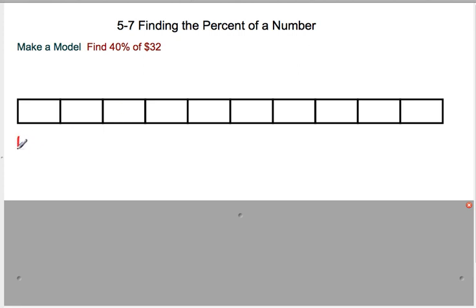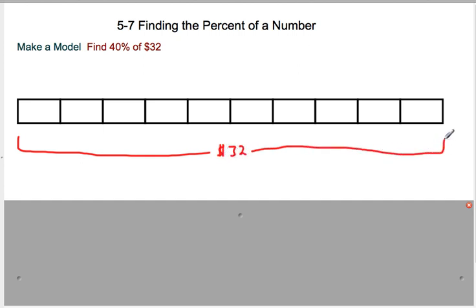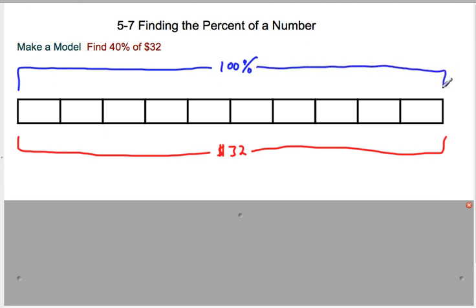So this whole rectangle is going to represent $32. I'm also going to use it to represent 100%. So this represents 100%. The whole price, 32 bucks.